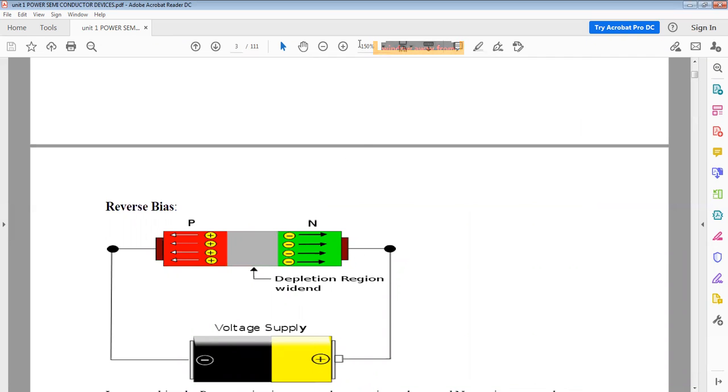An additional N layer will be added near this terminal. Therefore, by increasing the holes in the N substrate, it acts as a power diode. That is the major difference from a normal diode. A normal diode has only two layers, P and N. Here an additional N layer is added for the power diode.